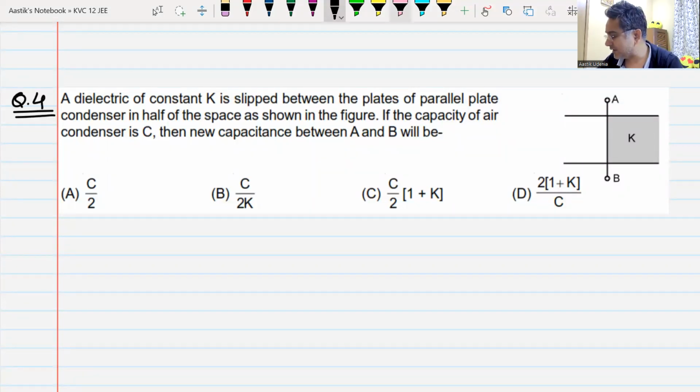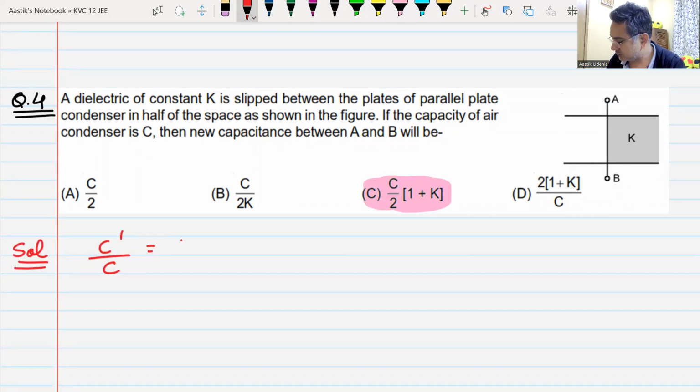Option C, sir, and that is correct. You can straight away use the formula that we had created. C dash by C is K1A1 plus K2A2 divided by total area A. One of them is vacuum, its dielectric constant is 1.